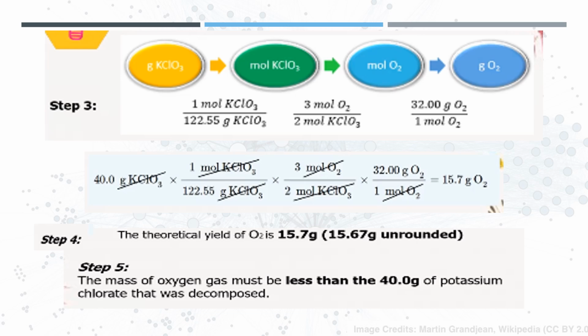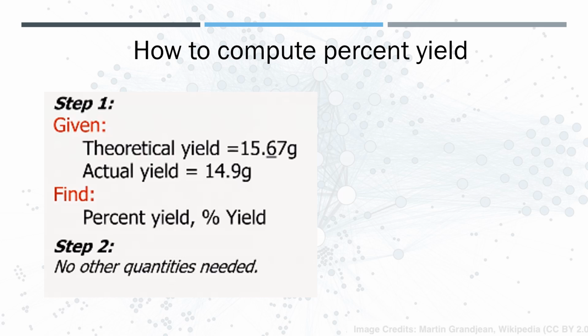Now, we will use the actual yield and the theoretical yield to calculate the percent yield. Step 1, identify the given information and what the problem is asking you to find. The given for this specific example: the theoretical yield equals 15.67 grams, and use the unrounded number for the calculations. The actual yield is 14.9 grams.